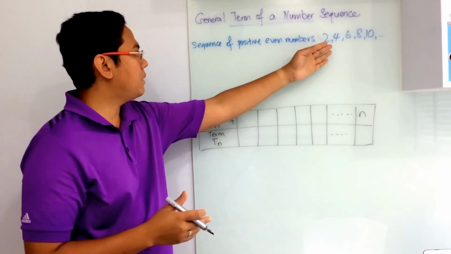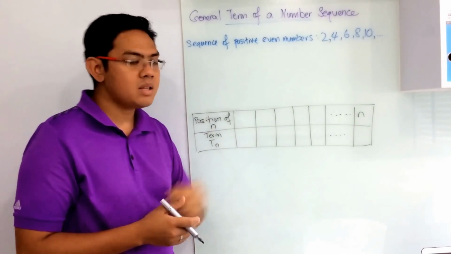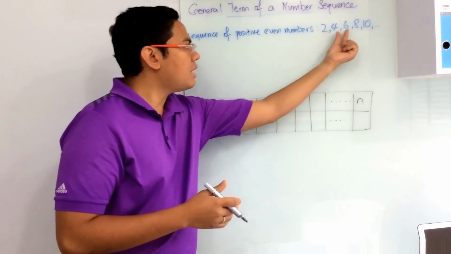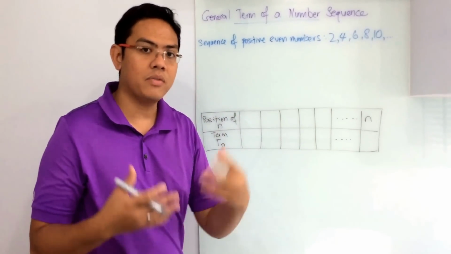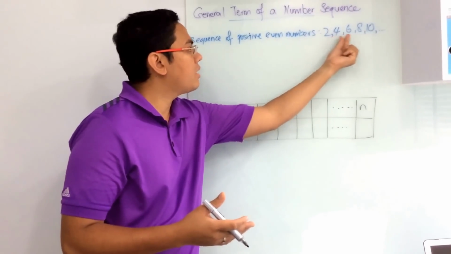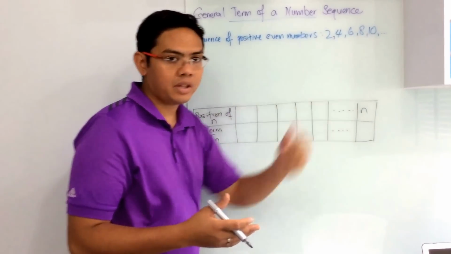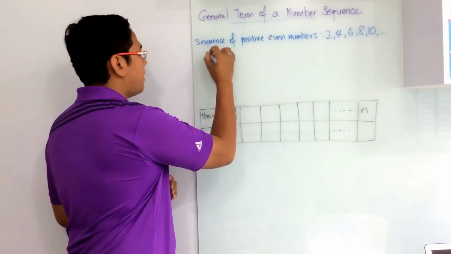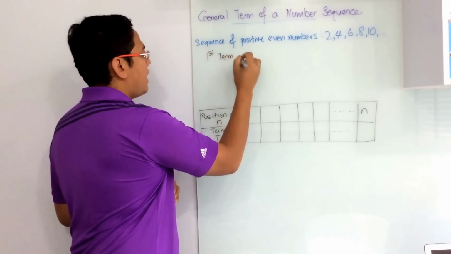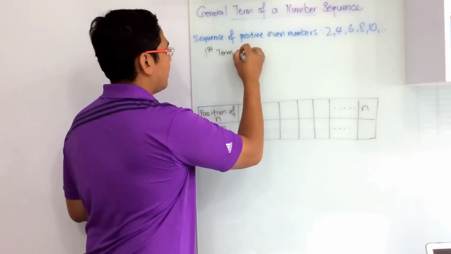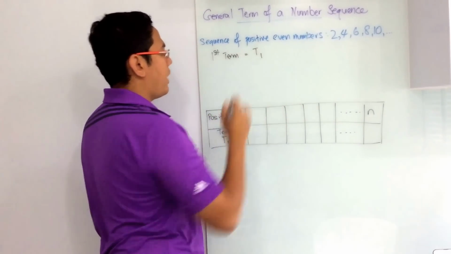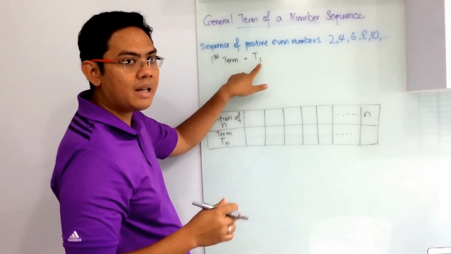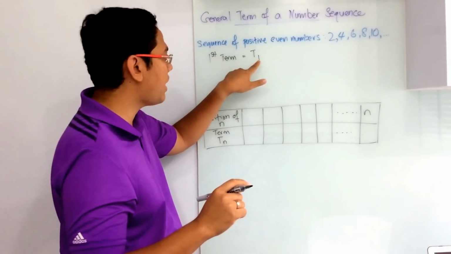Take the sequence of positive even numbers 2, 4, 6, 8, 10. As each number we have already understood is called the first term, second term, third term, fourth term, fifth term. So in this video, the first term, let's denote it as capital T, and at the bottom right hand corner a small number 1.